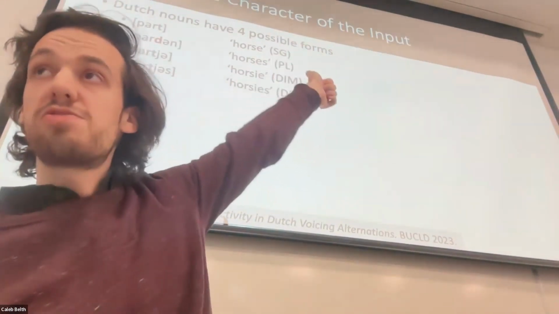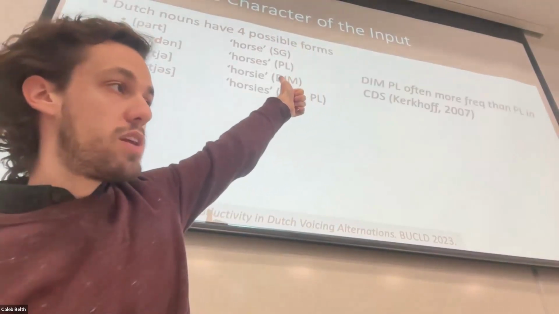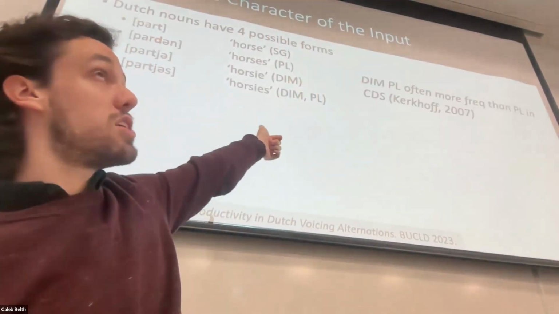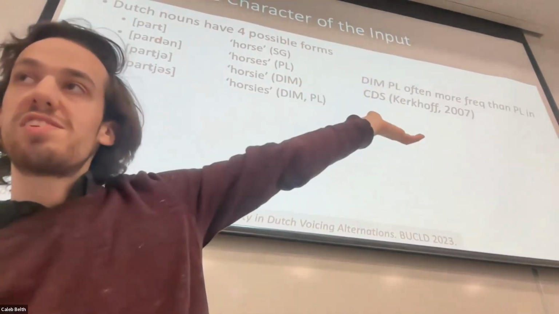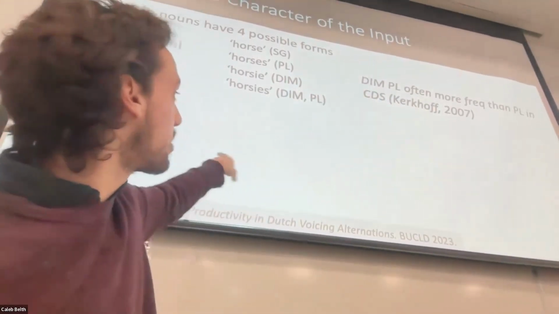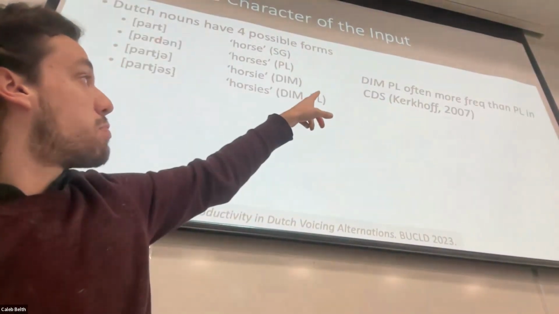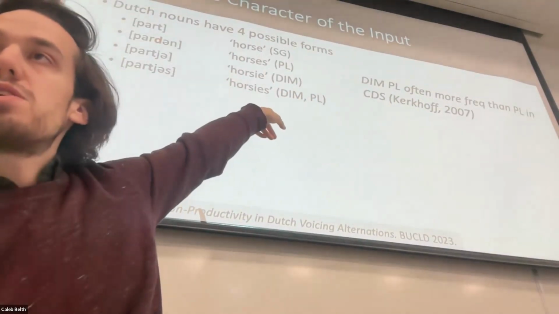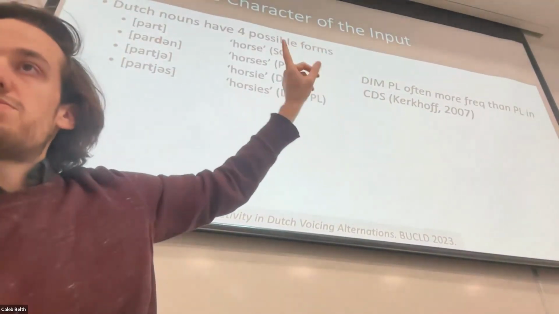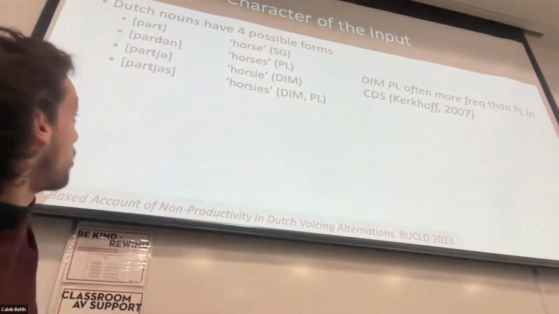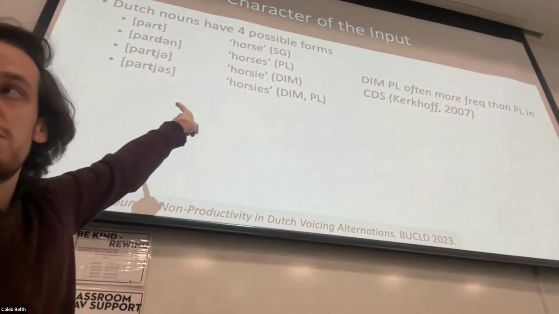And this is, I think, hugely significant because we know that child-directed speech tends to disproportionately show diminutives, more likely to say horsies than horses, I guess, the kids. And in fact, in corpus studies of Dutch, the diminutive plural of many root nouns is more frequent than the non-diminutive plural. And so for those nouns, you're going to have limited or no attestation of the alternation, even if it's an alternating paradigm.